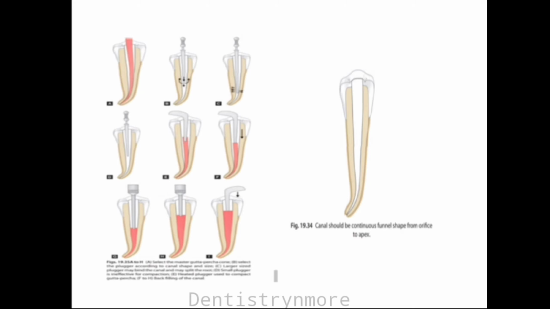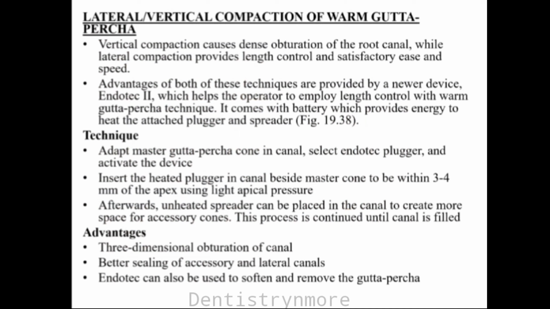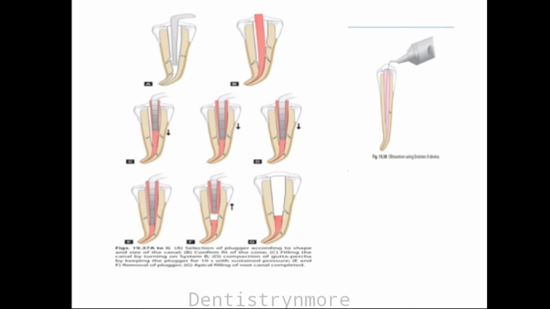Here in the figure you can see the technique. The first figure shows the selection of the plugger, according to the shape and size of the canal. The second figure shows confirming the fit of the cones. The cone should be of appropriate size and shape.